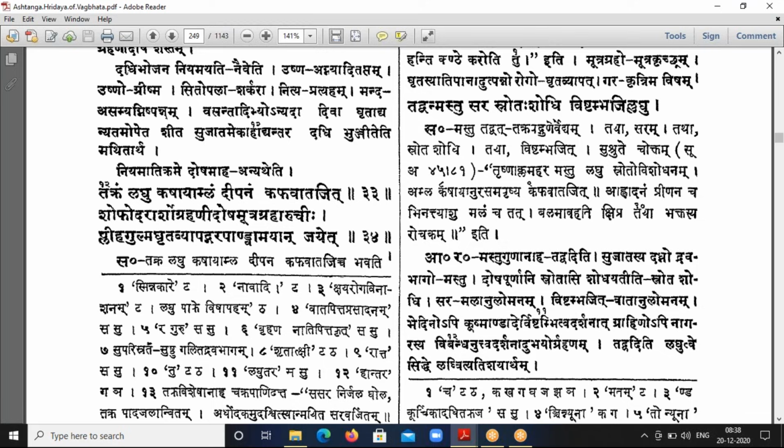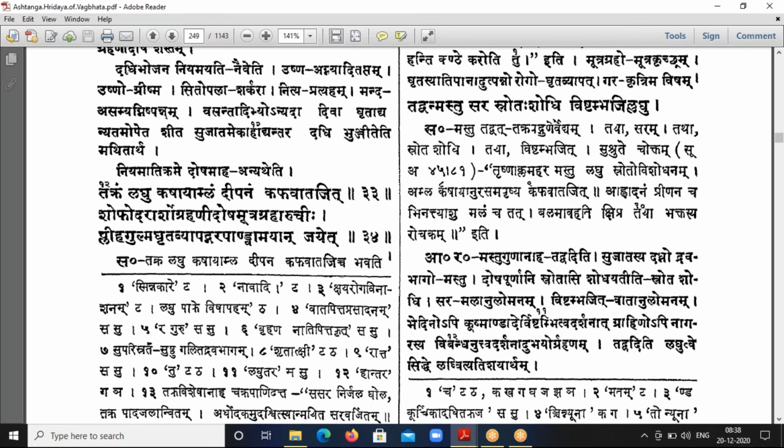Then you will find this usage of takram in most of these conditions which are listed here. If you go to the Chikitsa Sthanam, you can find these properties, most of them used clinically. That is very important. In Atisara, you will find many takra yavagus.